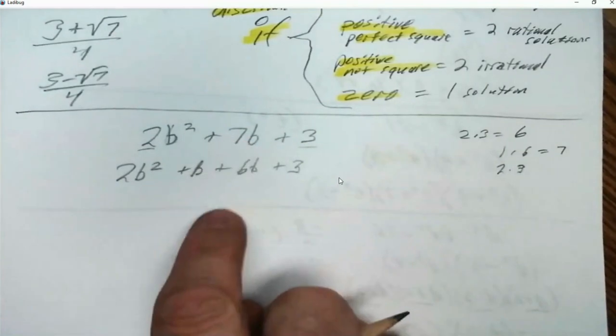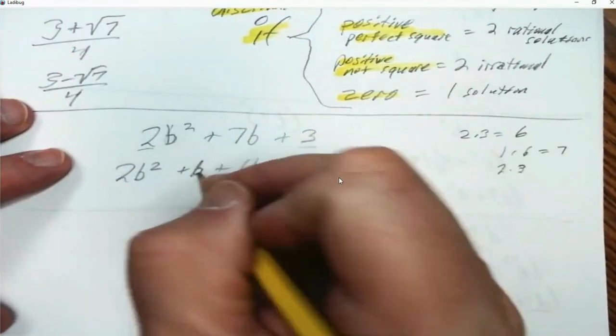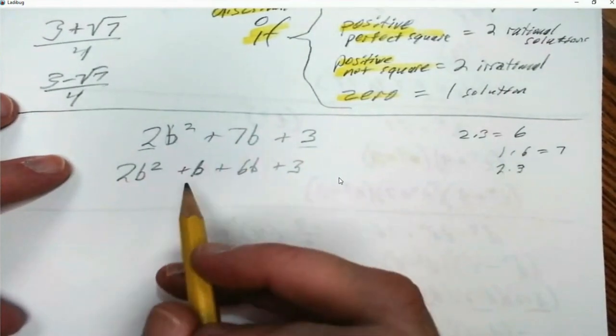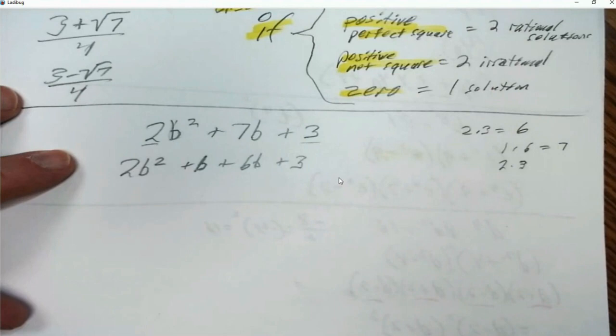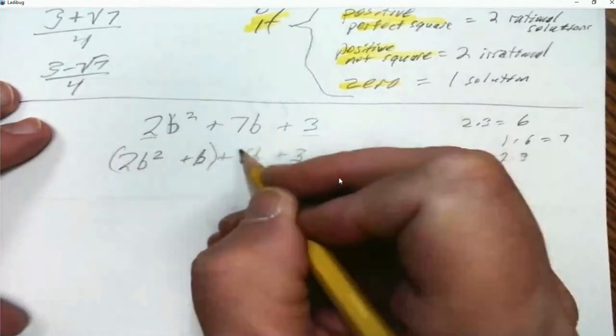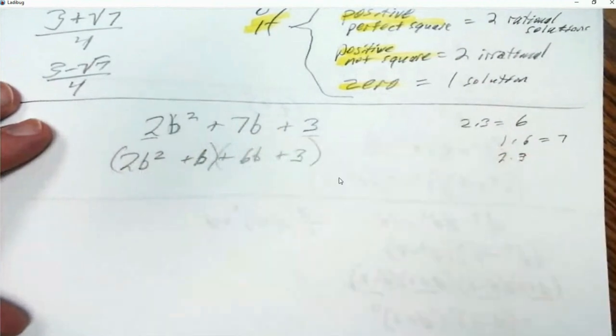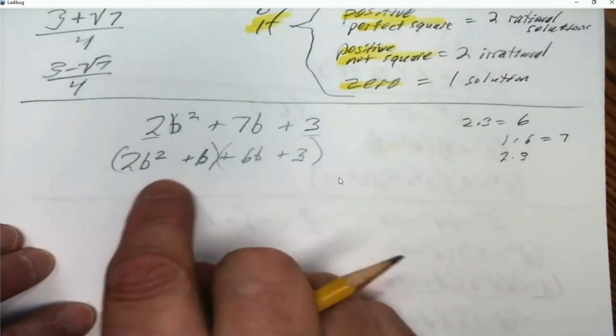These are exactly the same equation. The only difference is I've taken the 7b and made it a 1b and a 6b. So now I can group these together, taking the first 2 terms and the second 2 terms.